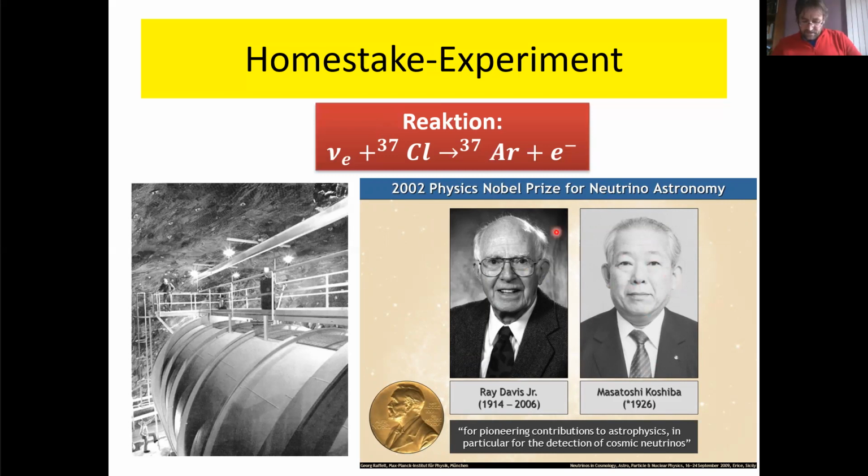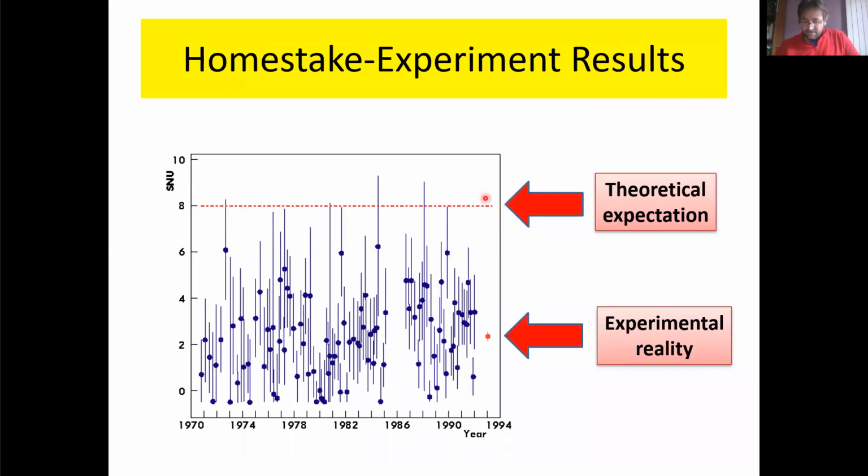What Davis got was basically a count rate per month, over, well, you see here now, more than 20 years. We expected basically to have 8 reactions per month.